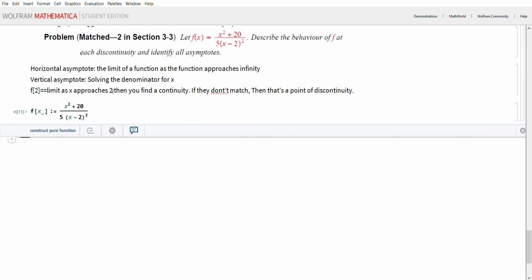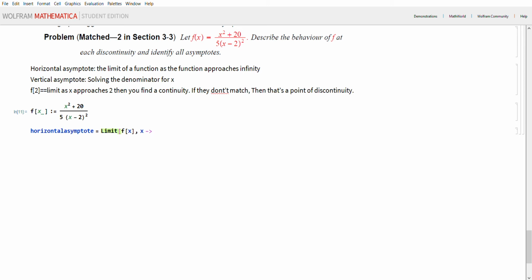So first, let's go ahead and find the horizontal asymptote, since this is the first thing we spoke about. We know the horizontal asymptote of a function is the limit of the function as it approaches infinity. So let's just do that. Let's call this variable horizontal asymptote equals, and it's going to be limit of f of x as x approaches infinity. For infinity there's a shortcut, which is by pressing escape and then typing inf, escape, and most symbols are like this.